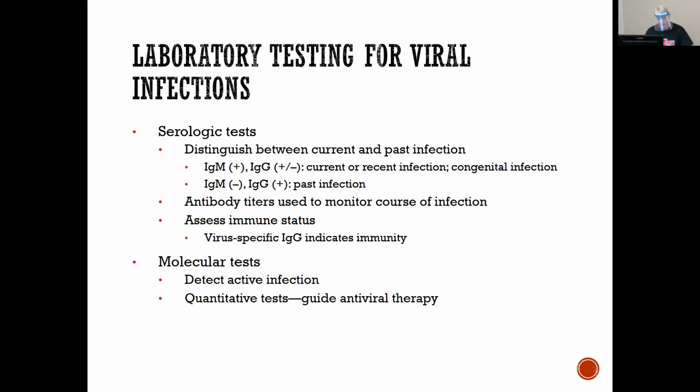And then to finish out, we have molecular tests. Hopefully you've heard a lot about this, right? Molecular testing detects an active infection. Quantitative tests guide antiviral therapy. Your book has a good little section on this, and this is where it confused me. Remember I told you I was confused over the RT-PCR?